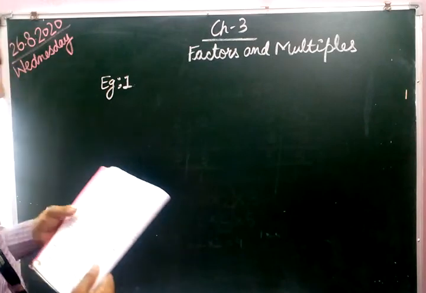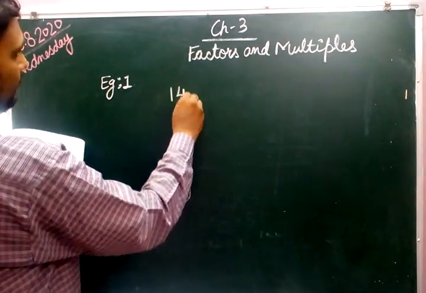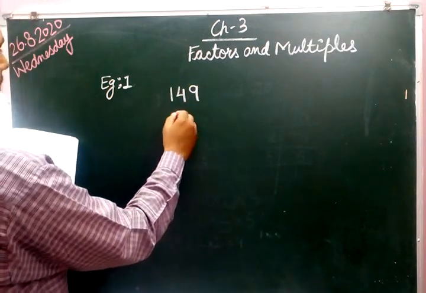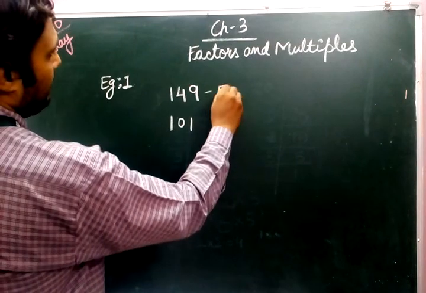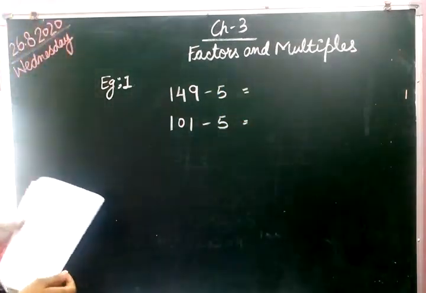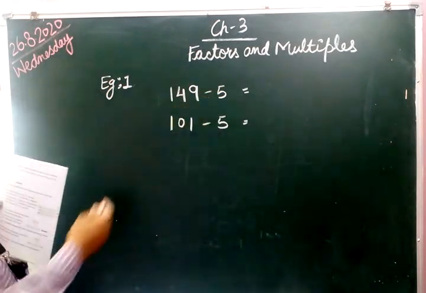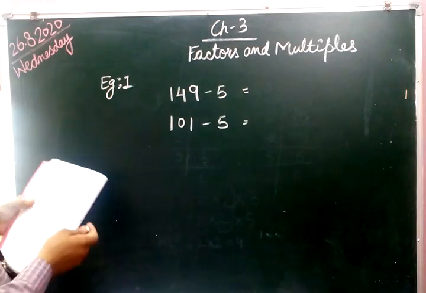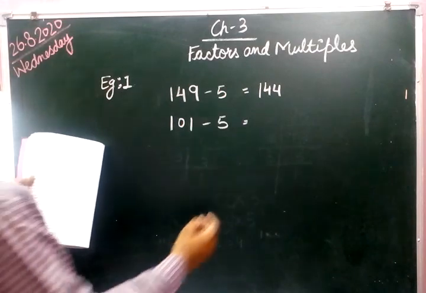Leaving a remainder of 5 means we have the number 149 and the number 101. When we subtract 5 from both, the resulting numbers will be divisible without leaving a remainder. The numbers we obtain are 144 and 96.